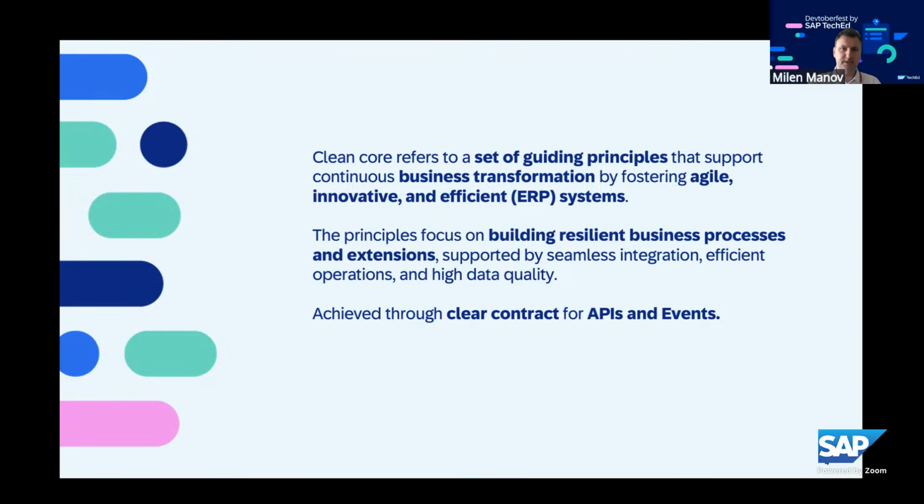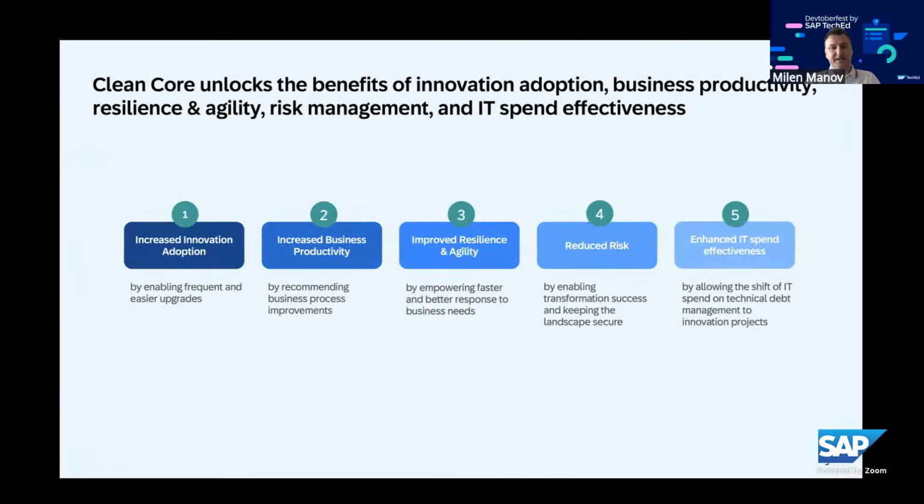And when you do the extension, rely only on clear contracts that are defined by the exposed APIs and events. With that, you mitigate all the risks we mentioned previously.